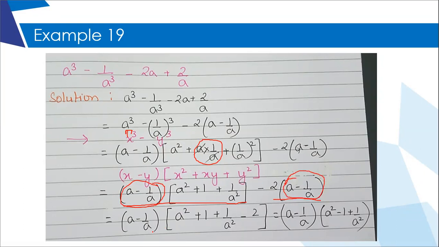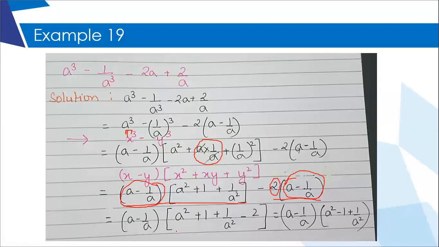Now what is left? Left in the first term is a square plus 1 upon a square, minus sign copied from the second term, and left over in the second term is only number 2, because a minus 1 upon a is already common outside.